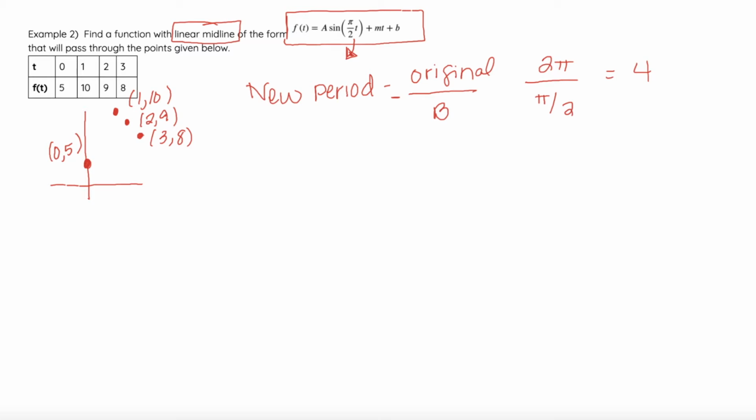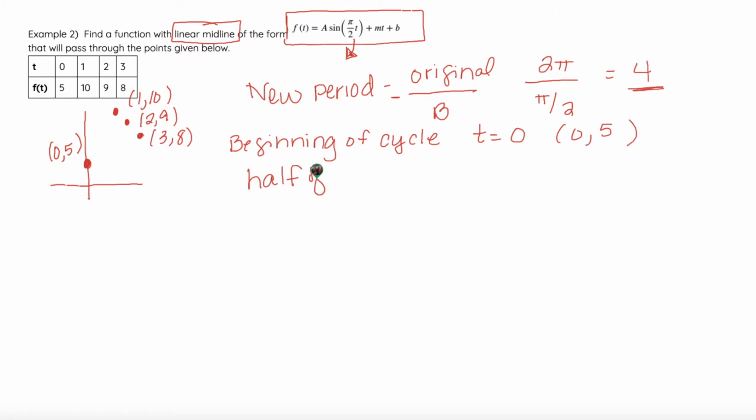We know then that the beginning of the cycle is when t is 0, so the point 0, 5. We also know, based on what our period is, that half of 4 would be 2. So half of the cycle is when time is 2, and we know that point is 2, 9.